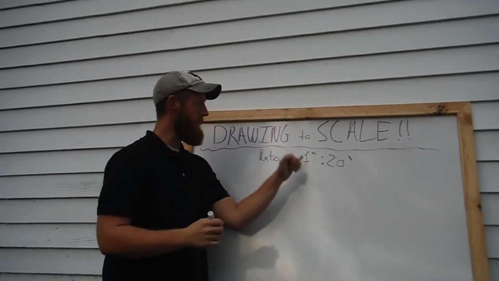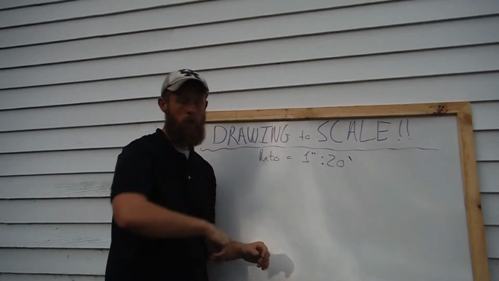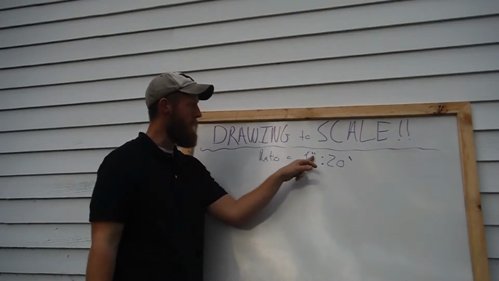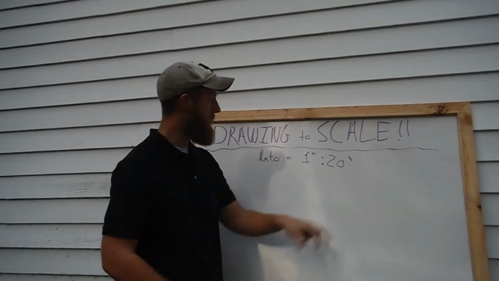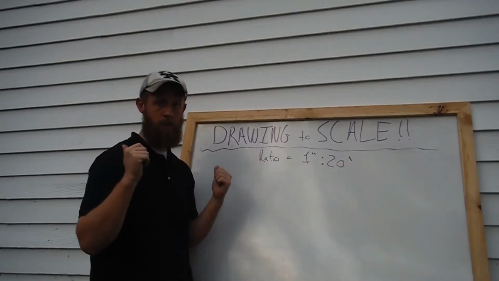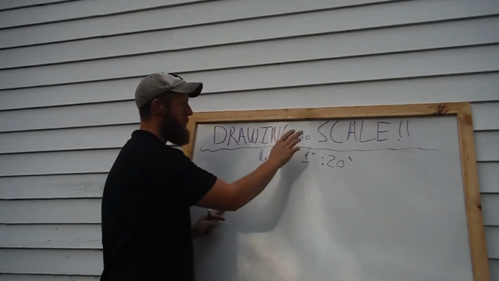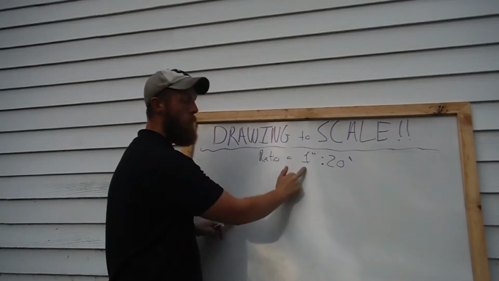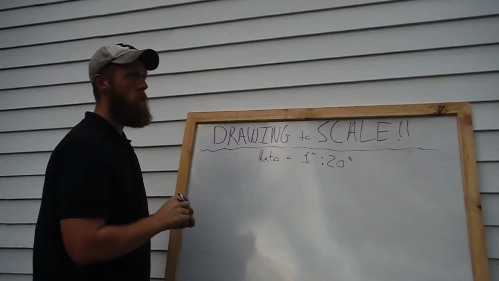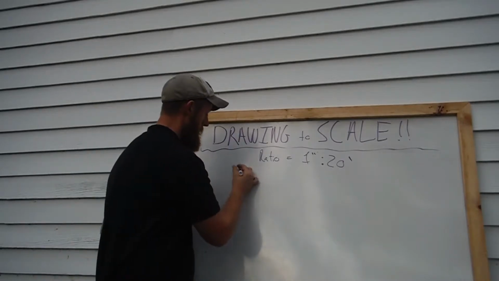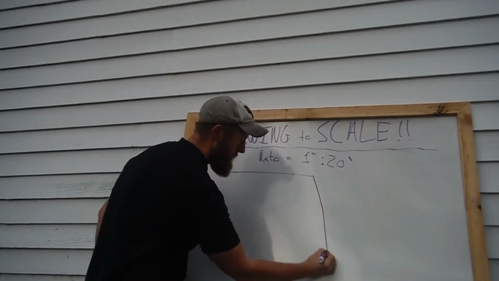If you ever see these little tick marks behind numbers, a lot of you already realize this, but if you ever see the two lines that look like a quotation mark, that represents inches. If you ever see just the one dash, that represents feet. So for our ratio for this scale we're about to draw, it's 1 inch on paper equals 20 feet in real life. So let's say we have our sheet of paper here.